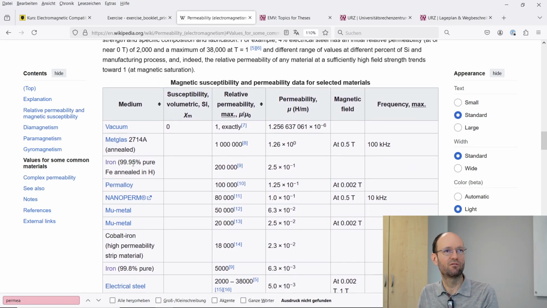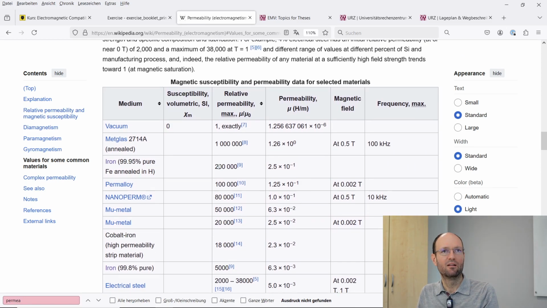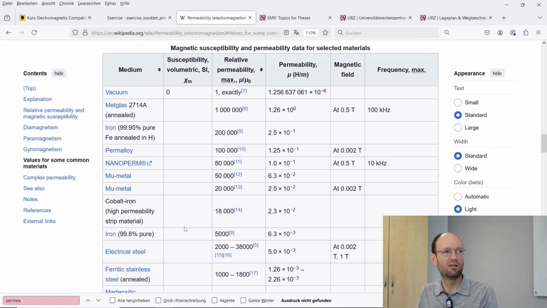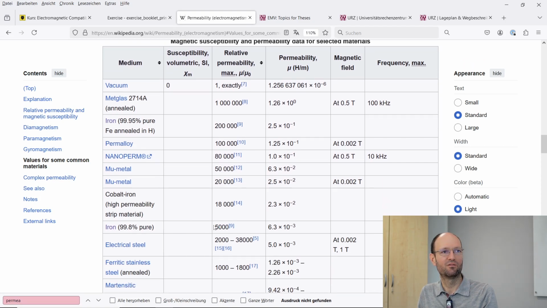And here we have iron, and there is some value given here which is super high, 200,000, but this is pure iron, but there is no frequency given. And if you can see, if the iron is not that pure, it's much less.